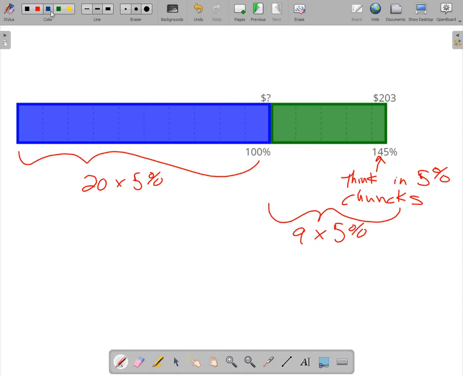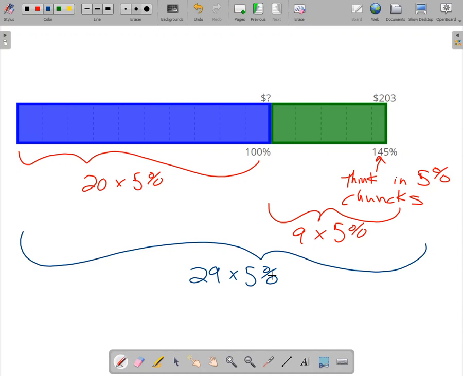So altogether, that gives us 29 groups of 5%. That's where I get the 145. 29 groups of 5% is 145%. Okay. So if there's a nice way to break up the new percentage, then we can easily solve this by picture.